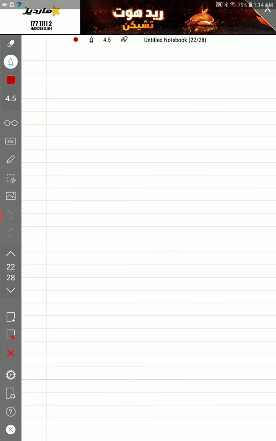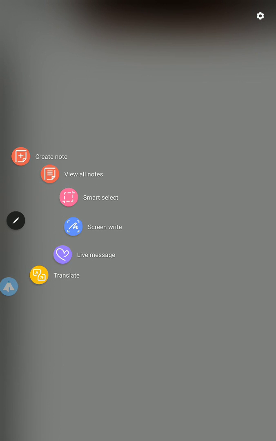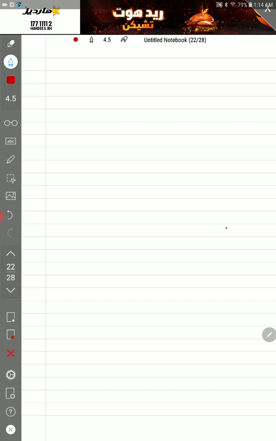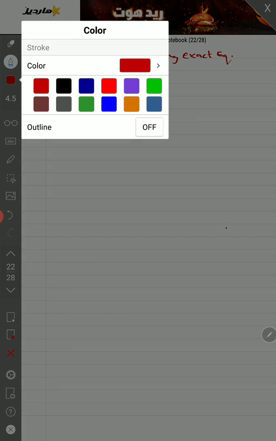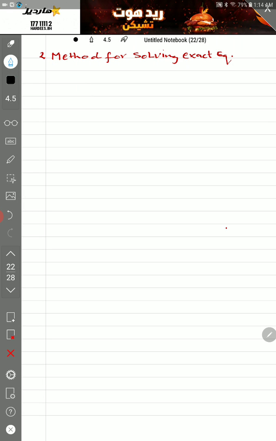Let's go to another page, and we start number 2: method for solving exact equation.